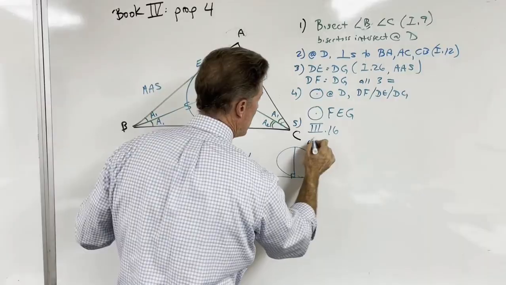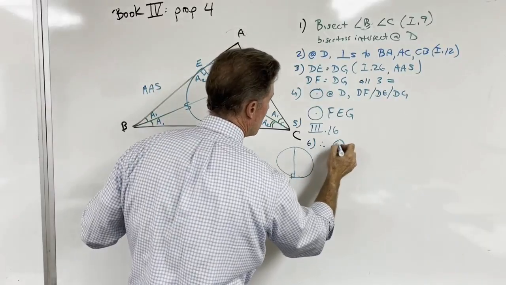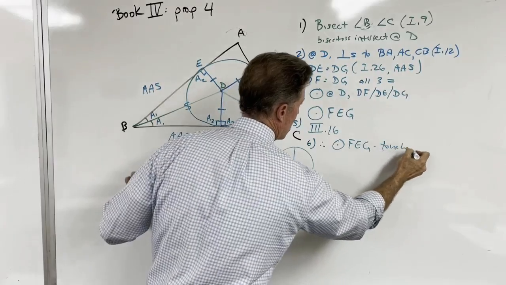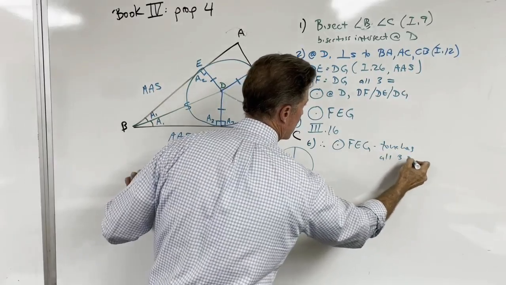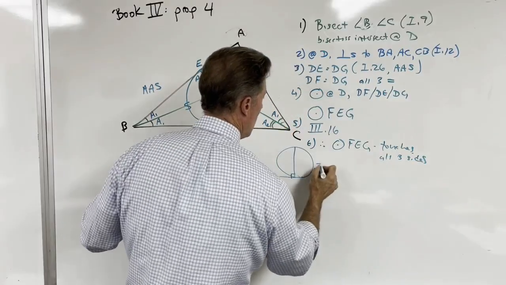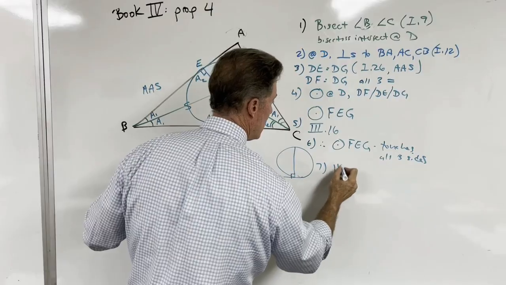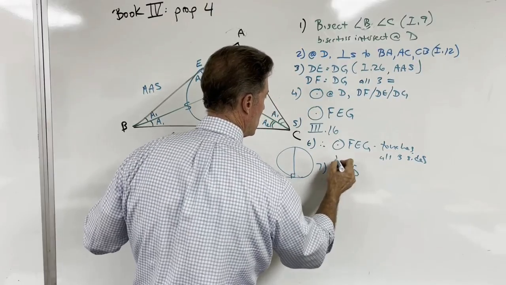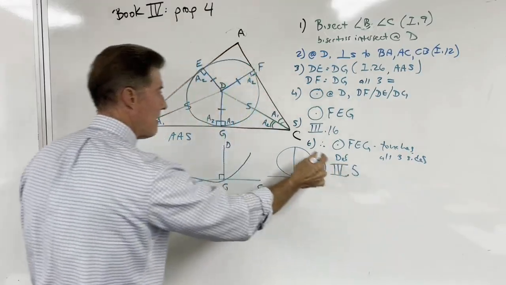And therefore we can conclude that our circle FEG touches all three sides, which of course is the definition, Book 4, Definition 5.